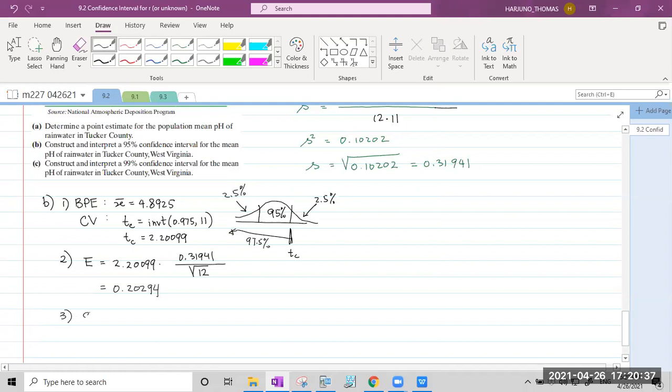Therefore, our 95% confidence interval for mu will be 4.8925 minus margin of error 0.20294 less than mu less than best point estimate plus 0.20294.